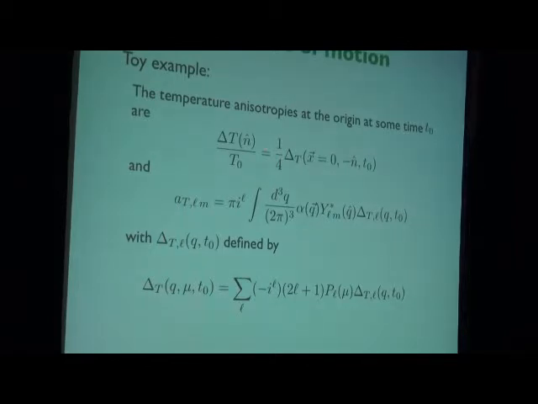then we're just integrating this against spherical harmonics. And this, at the end of the day, leads to an expression that looks like this, where these guys are now defined by decomposing this object in terms of Legendre polynomials.